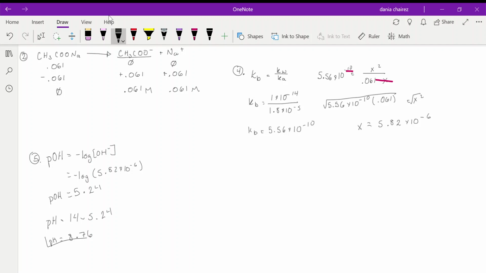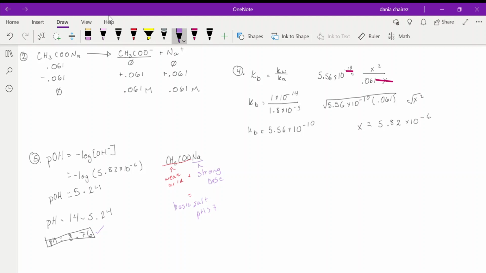Right. And then, as I said before, you double check: our original salt was sodium acetate, and this is the conjugate of a strong base plus the conjugate of a weak acid, which equals a basic salt whose pH should be greater than 7, and our pH is greater than 7, so that checks out.